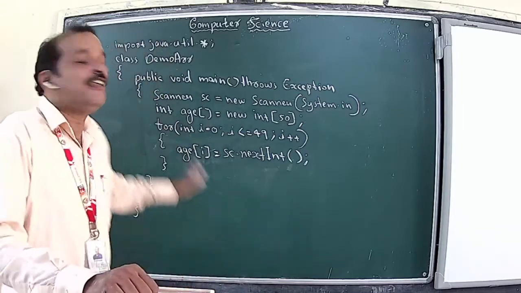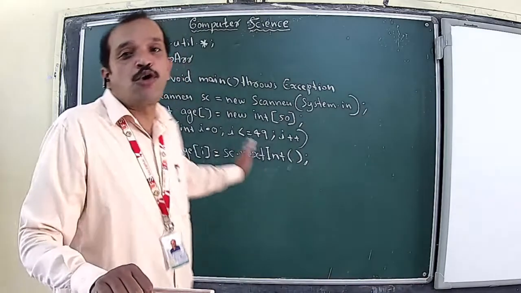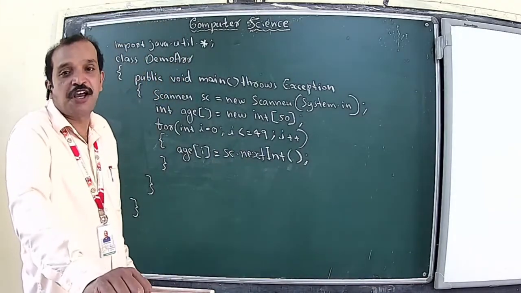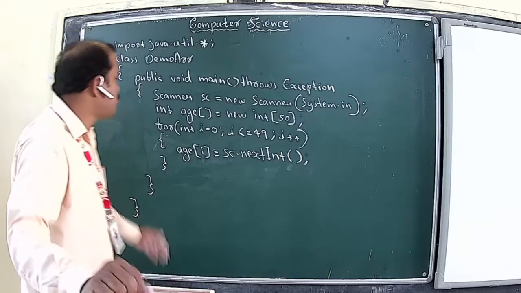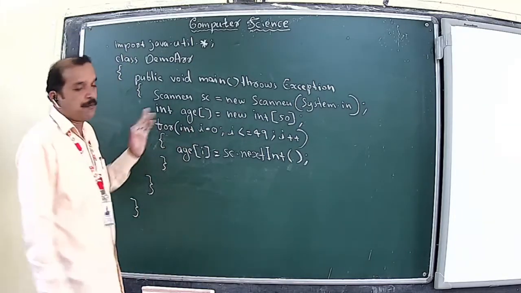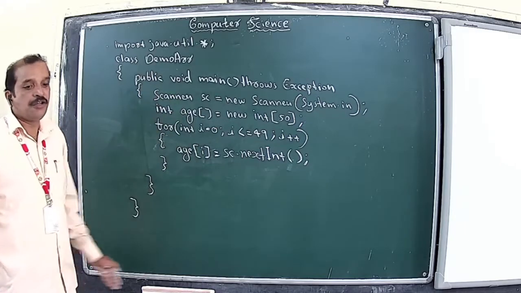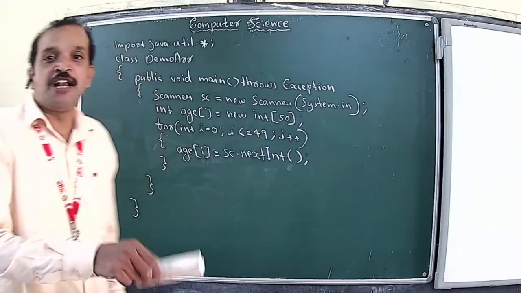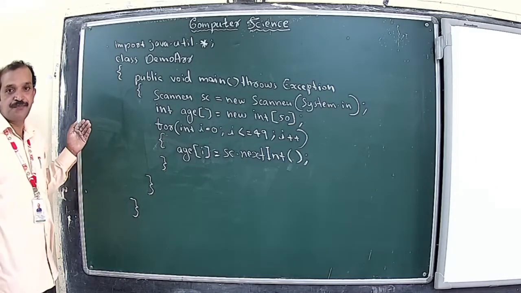In a similar way, another loop can also be used for the processing of this array. Processing of the array also can be done with the help of a for loop. So this is the technique for initializing array elements using console input. Got it?